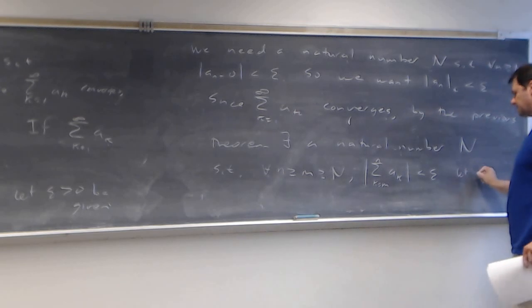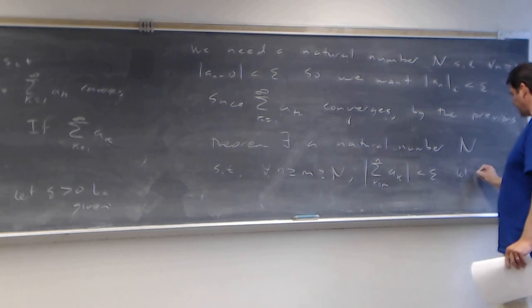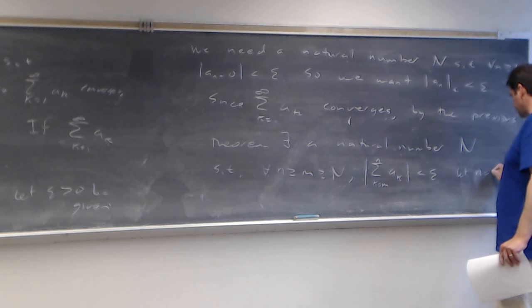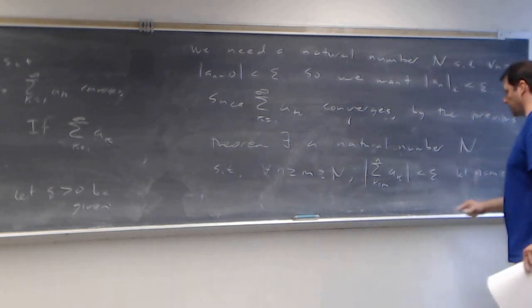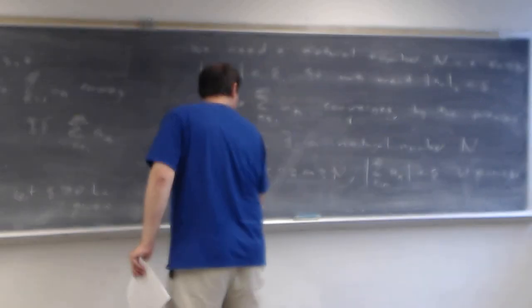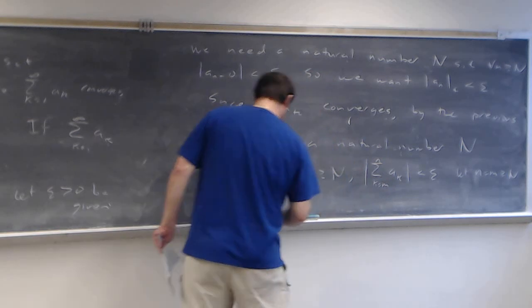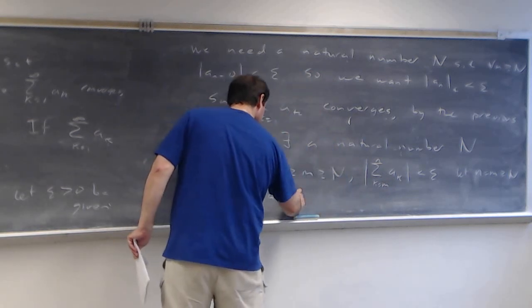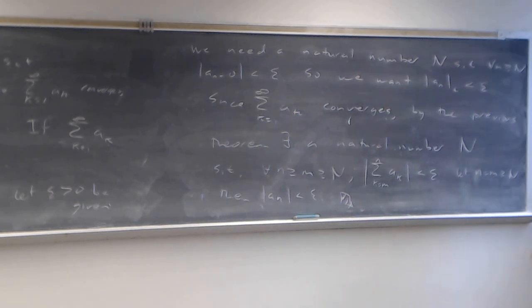So here what I'll say is let n equal to m be bigger than or equal to big N. As long as you're bigger than or equal to this number, this sum really only has one term in it. We're going from n to n. And that's what we needed. So that concludes that proof. Ladies and gentlemen, that's all for this lecture, lecture 18. Thank you very much.